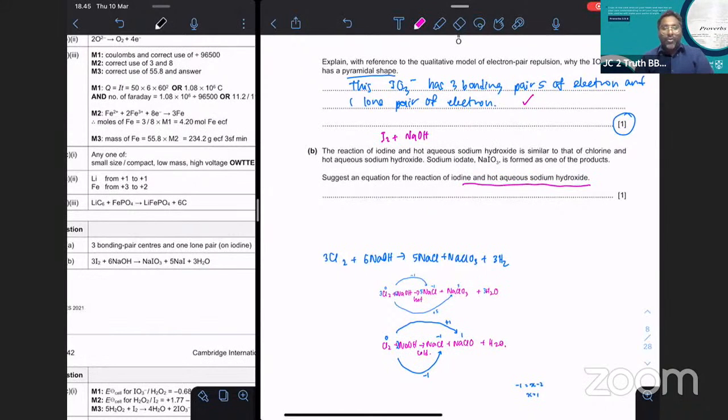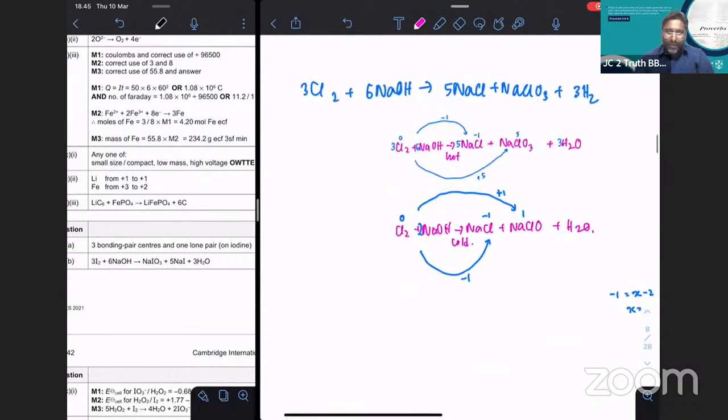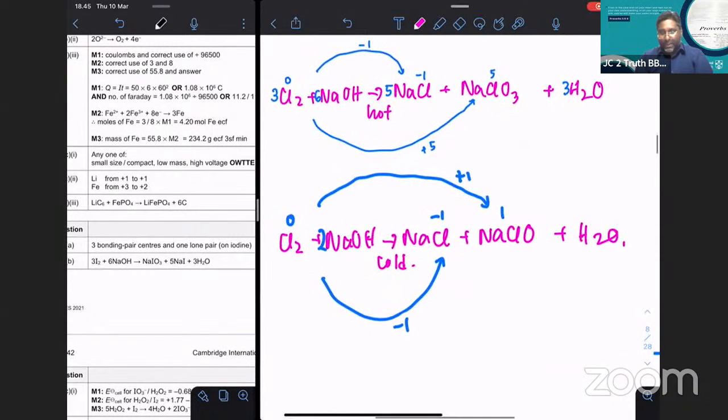We know this is going to be a disproportionation reaction. So just recall back. We have 2 types of reaction. If you are using it at hot and concentrated condition, then you are going to have the reaction to give you NaCl and NaClO3.